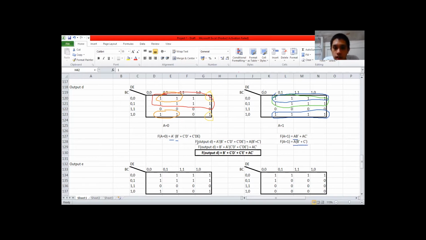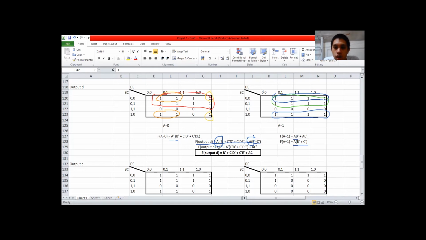So combining this, we will arrive at this one. Let us take note that here is A prime and B prime. Here is A ANDed with B prime. So simplifying this, we will just arrive at B prime because A prime ORed with A will yield a value of 1.